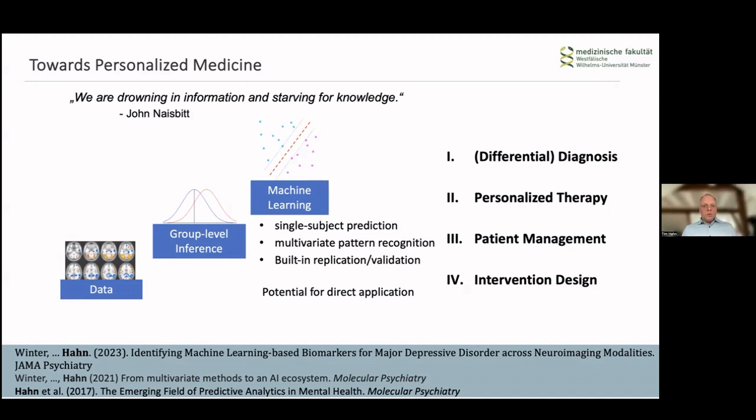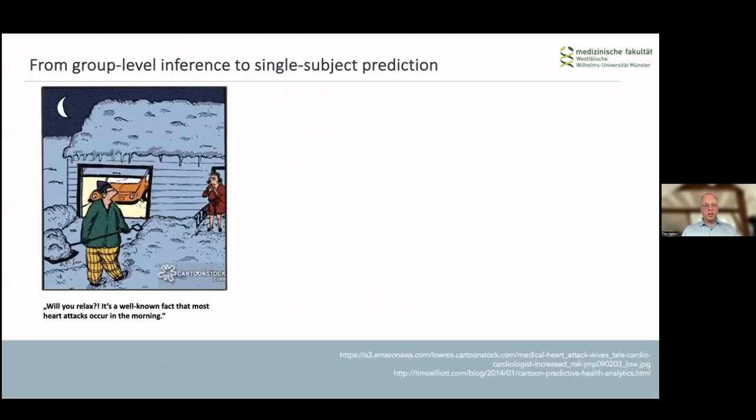But you will always need a built-in replication because these machines, with a large number of parameters, of course, tend to overfit hugely if you don't do that. So any approach will necessarily have this kind of validation scheme. And that together gives it a potential for direct applications for the questions that we just talked about.